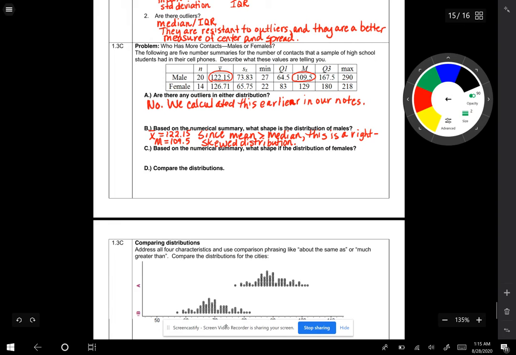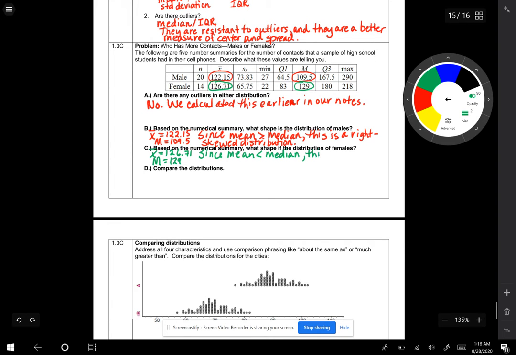Okay, let's do the same comparison for the females. The mean is 126.71. The median is 129. Very close, but the mean is less than the median.